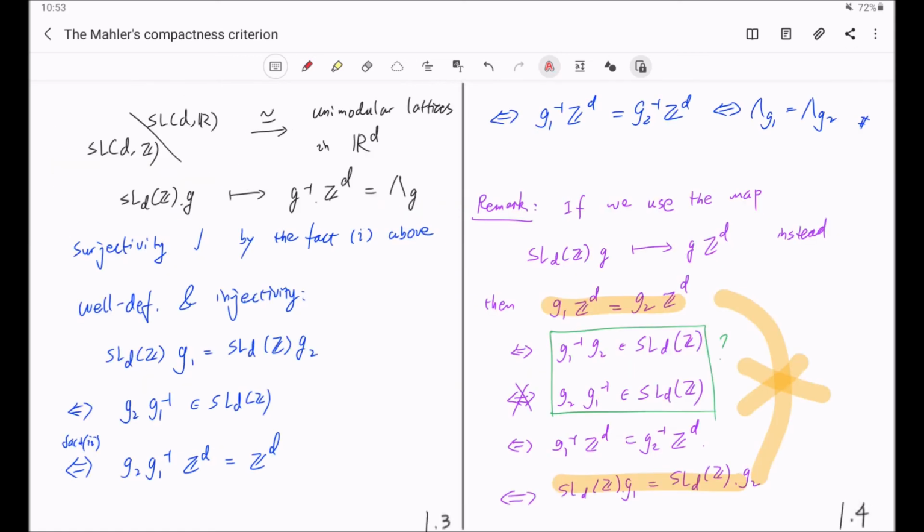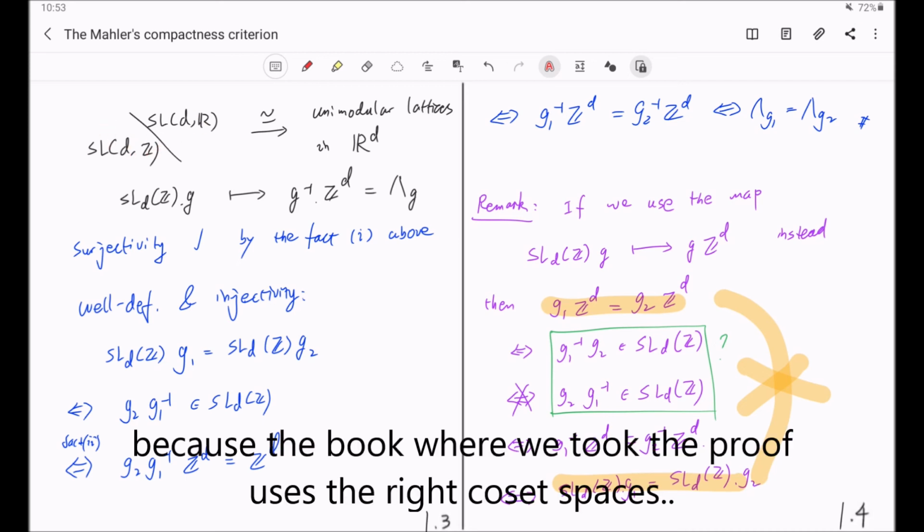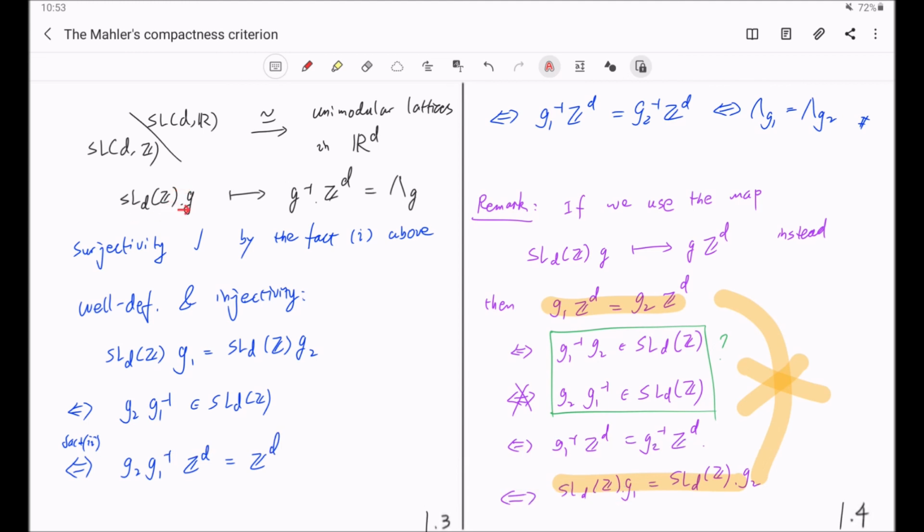Previously, when stating Mahler's compactness criterion, we used the right coset space, which is identified with the unimodular lattices in R^d in this way. The right coset SL_d(Z) g is identified with g inverse times Z^d.